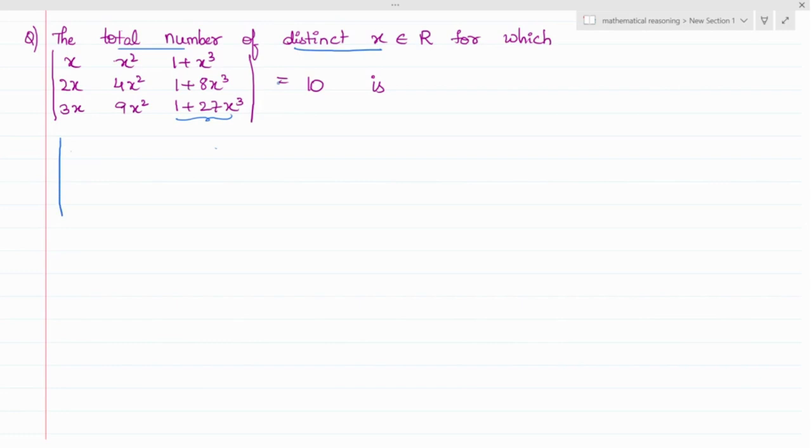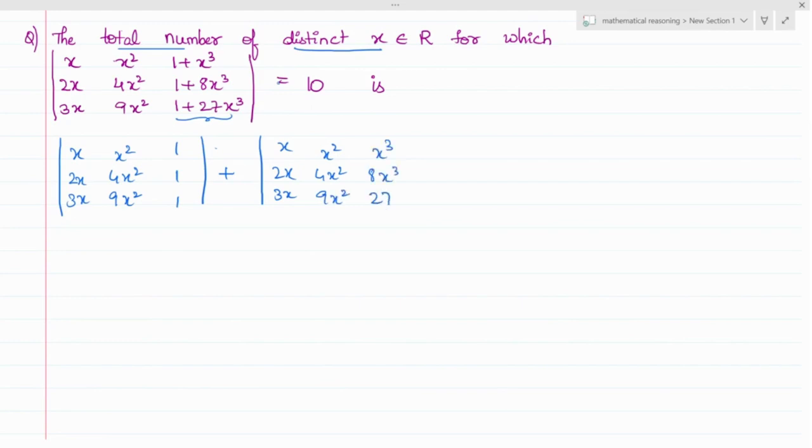So it becomes x, 4x square, 9x square in the first determinant, first two columns remaining as they are, with the third column 1, 1, 1, plus again the first two columns as they are and the third column elements x cube, 8x cube, 27x cube, and this is equal to 10.